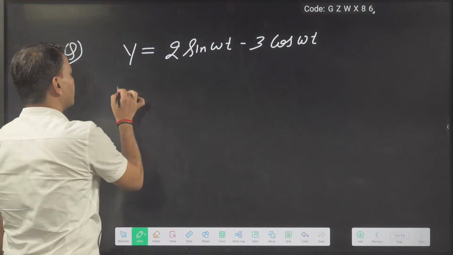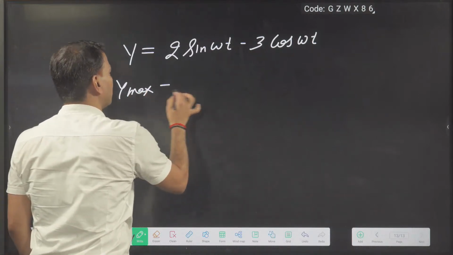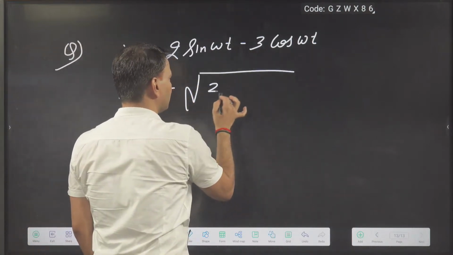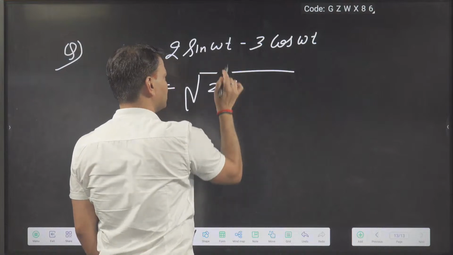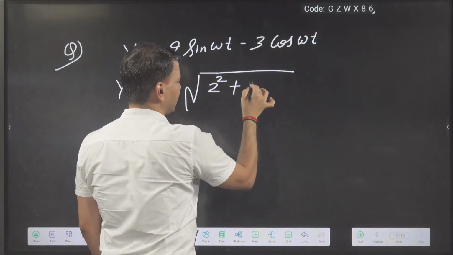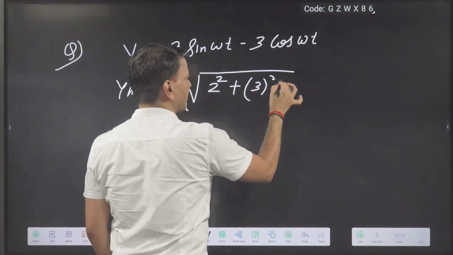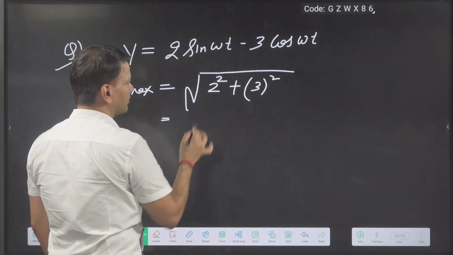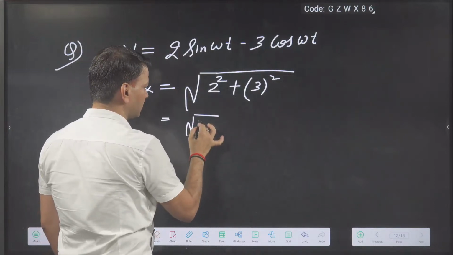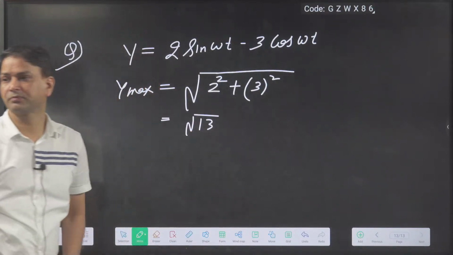So here maximum is what? Y max is equal to A value is 2. Then we can say 2 square. B value we can take -3 or 3, whatever. So 3 square, then 3 square is 9. 2 square is 4. Then what you got? Root 13. Okay.